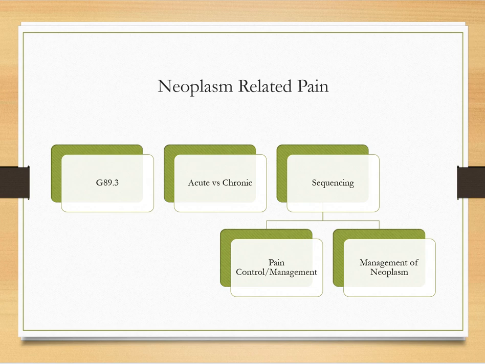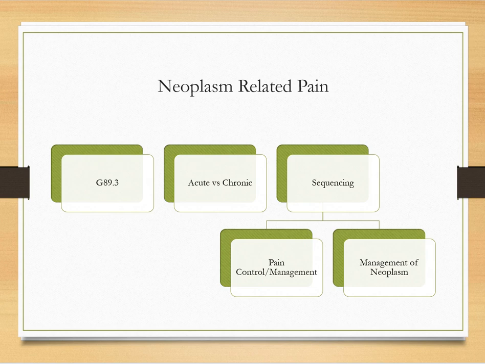Now, the code G89.3 may be assigned as principal or first listed when the stated reason for the encounter is documented, we're back to this again, as pain control, pain management. And then the underlying neoplasm is going to be listed second.